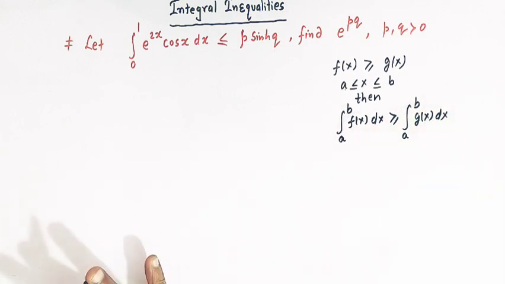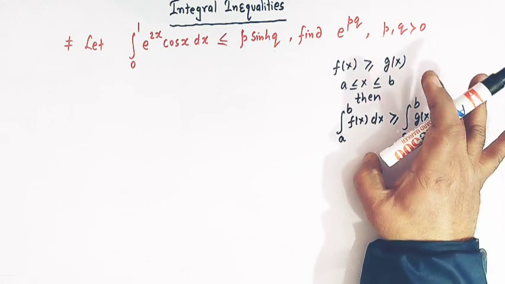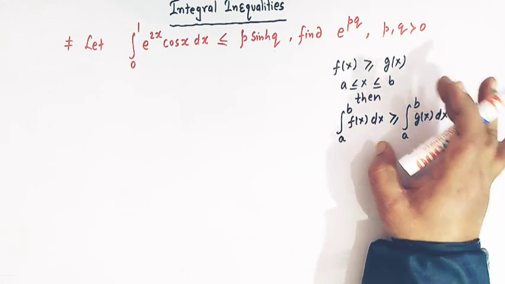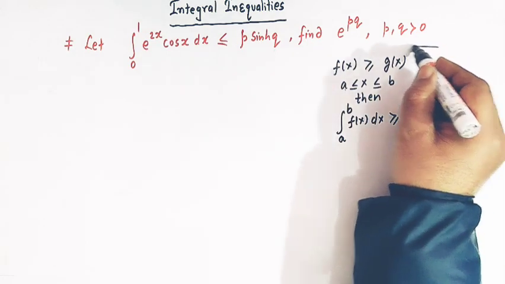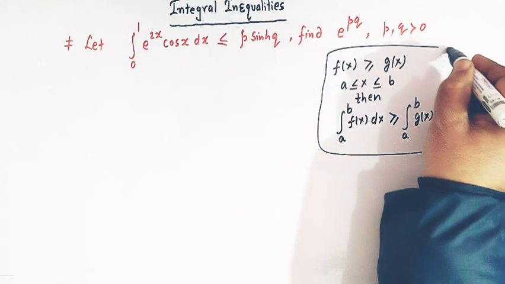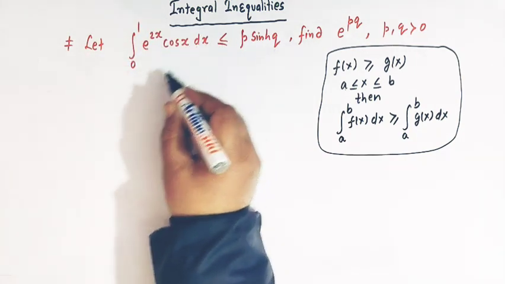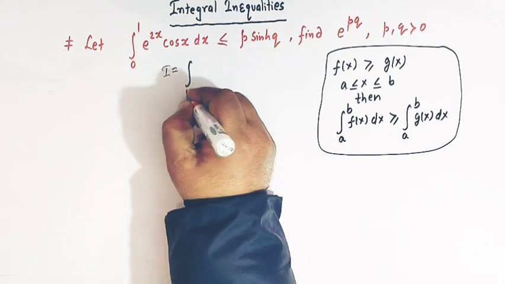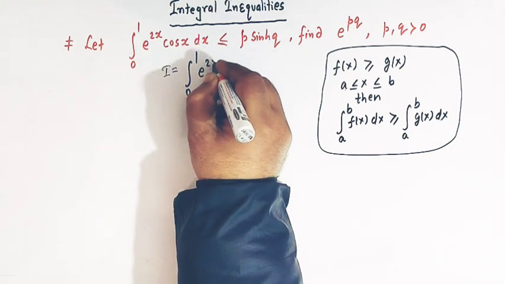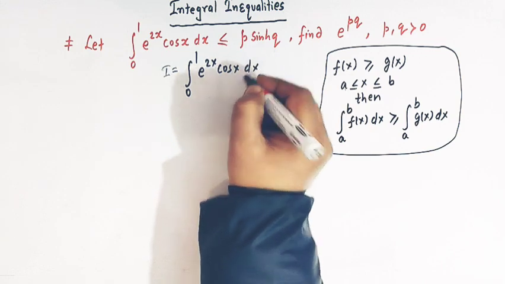In our earlier video we have already explained this inequality in detail, right? So here we are going to use this concept to solve this problem. Let us take this integral as I, right? So here we have I equal to the integral from 0 to 1 of e raised to 2x times cosine of x dx, right?